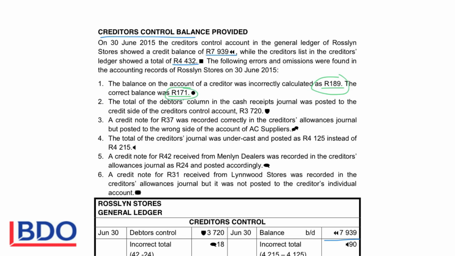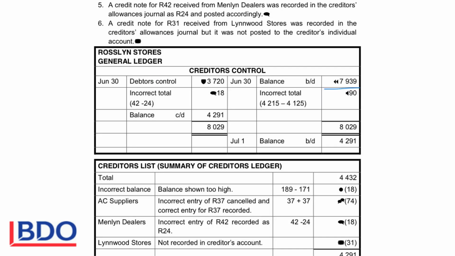So in our creditors list, the total is too high and we will have to reduce it. Therefore, we will show in the creditors list that this balance was too high. So we will subtract the 171 from the 189 and show that the total outstanding amount must be reduced with 18 rand.